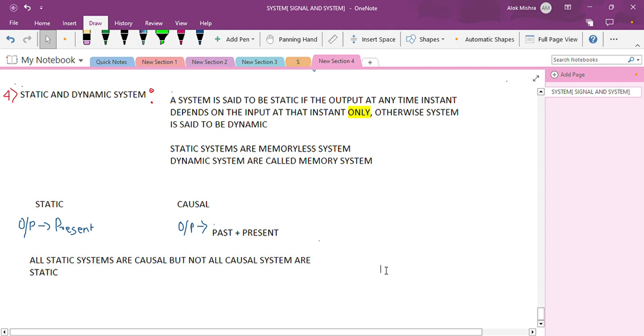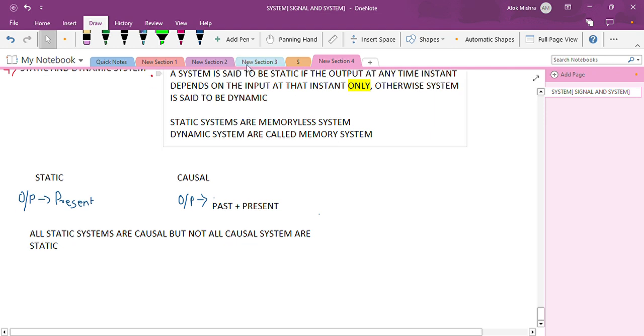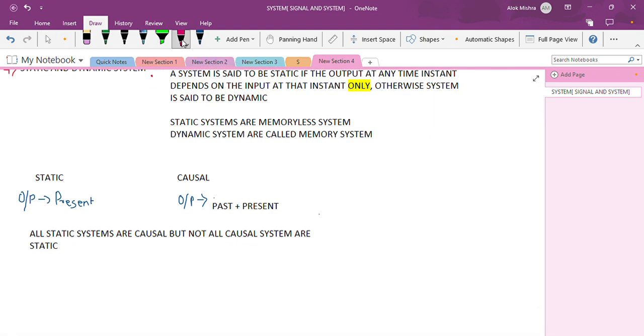So all static systems are causal, but not all causal systems are static. Any doubt on this?